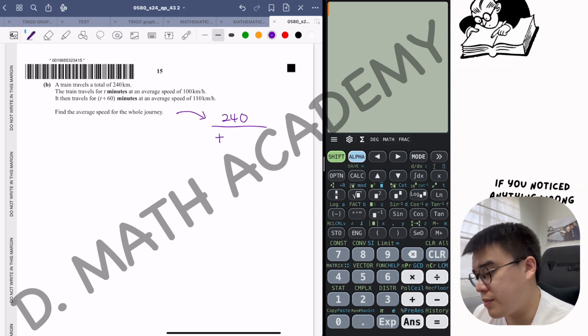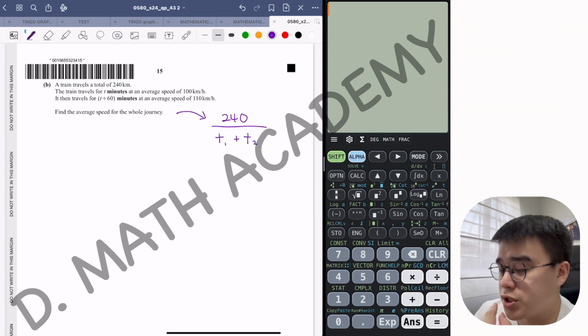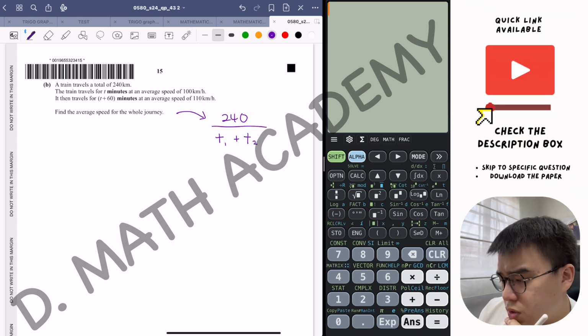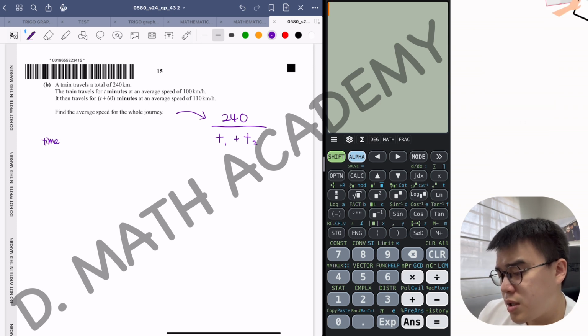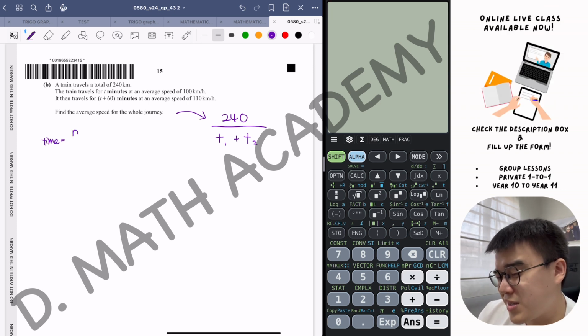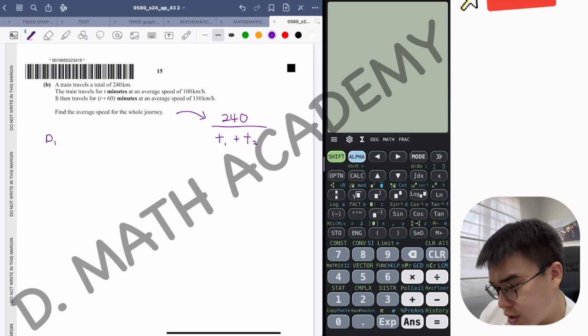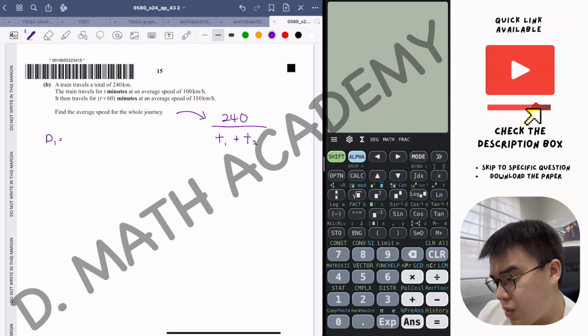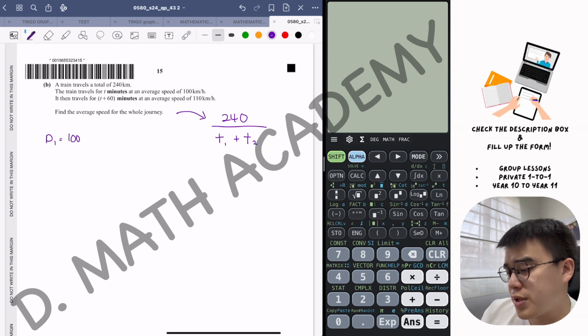But we have time part 1 and time part 2 of the journey. So for part 1, the time needed is by having distance over speed. Hey, we don't have distance though. So I need to find D1 first. D1 will be speed times time. So 100 times T.